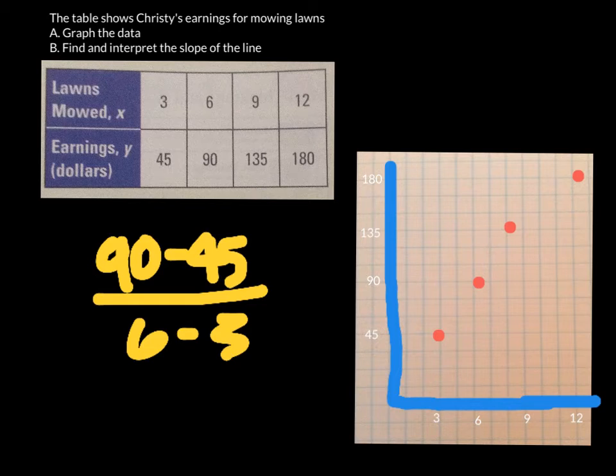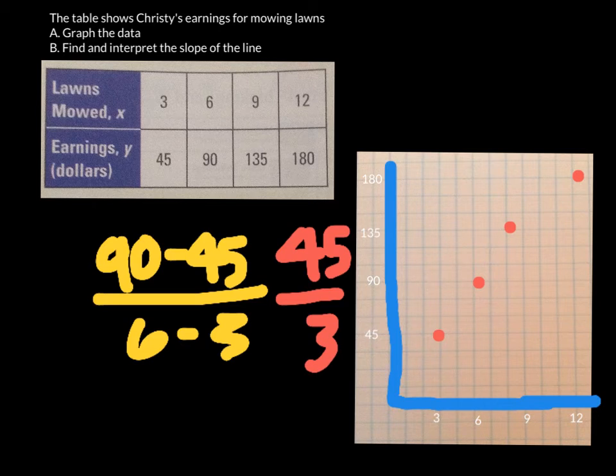And 90 minus 45 is 45. And 6 minus 3 is 3. Okay, and then 45 divided by 3 is 15. So the slope of this line is 15. So you earn $15 per lawn.